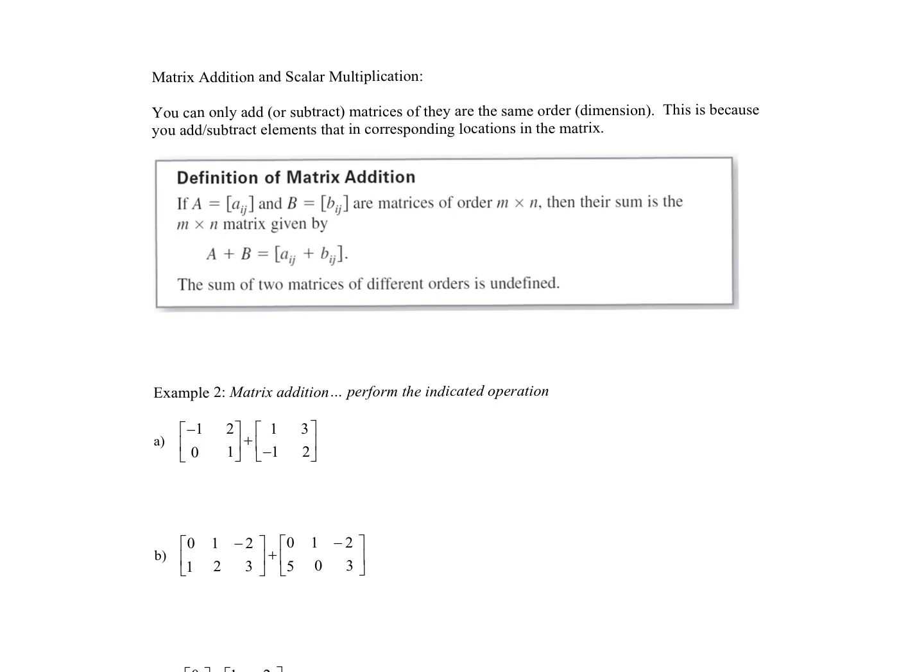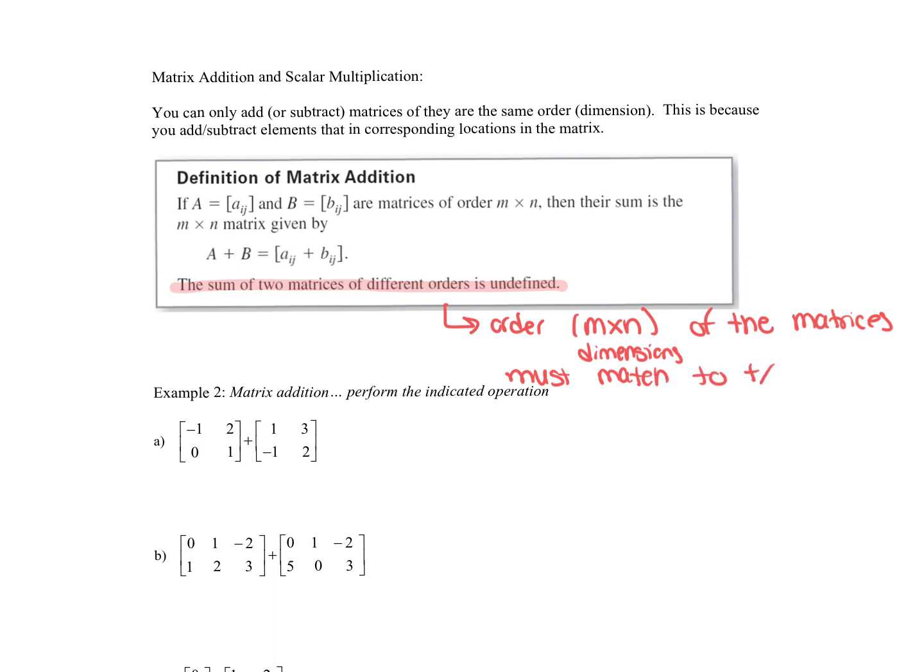What that is really saying is that the order, the M by N, the dimensions, of the matrices must match to add or subtract them. So I always make sure that my dimensions match first.